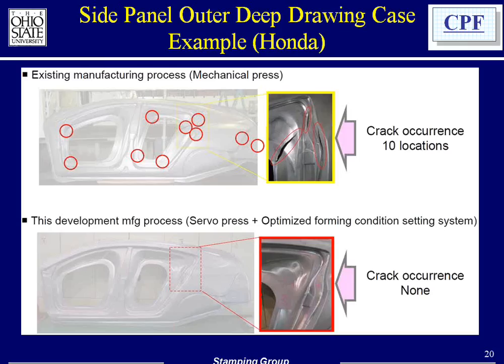Of course, there are ways of reducing these problems, but with the servo press, because of the speed adjustment and some of the proprietary developments they made, they are reducing the crack formation. In this case, they eliminated it.